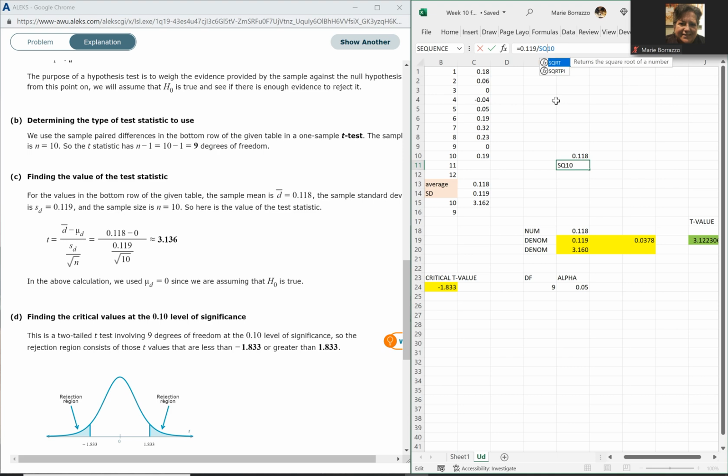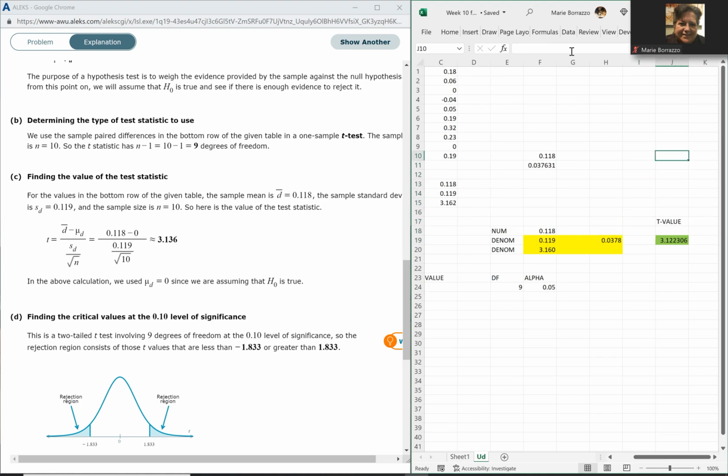Let's see, SQRT. Double click, and there's my 10, which I'm eventually going to switch out for a number. Again, if you look at the number here, I have 0.037631, and over here, I have 0.0378. So let's see what the difference is.